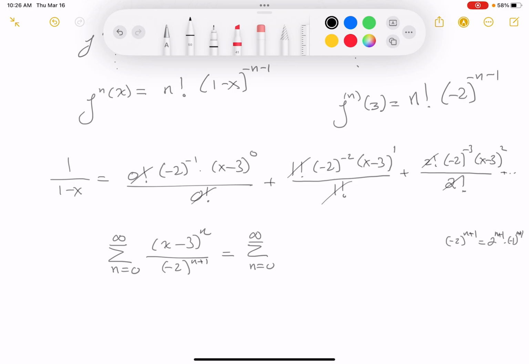All right? And dividing by that is the same thing as multiplying by its reciprocal. So I'm going to put this over here as minus 1 to the n plus 1. I'm going to put down (x minus 3) to the n, and on the bottom I'm going to put down 2 to the n plus 1.